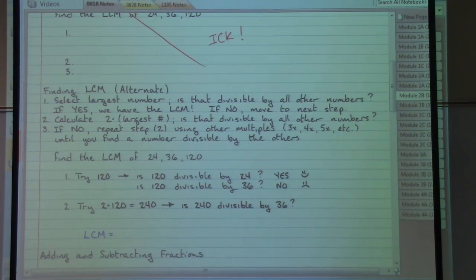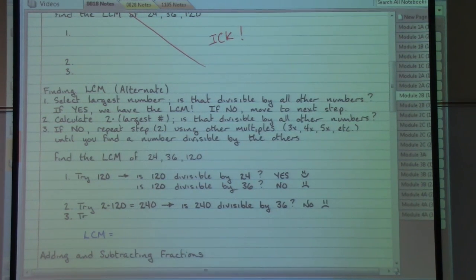Is 240 divisible by 36? No. So we move on to step 3, where again, we're going to just try to keep things basic, and we're going to repeat the idea of bumping up the number that we look at.